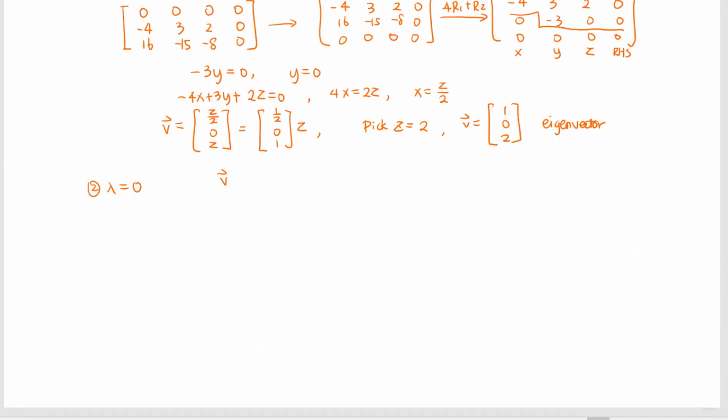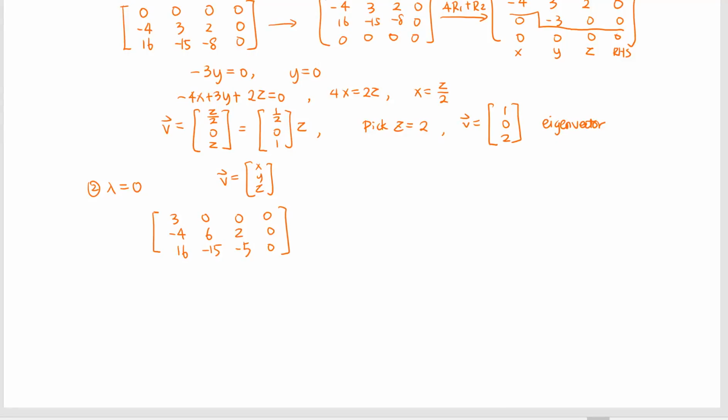So still v is x, y, z. Our matrix A is 3, 0, 0, minus 4, 6, 2, and 16, minus 15, minus 5, and the right-hand side is 0, 0, 0.